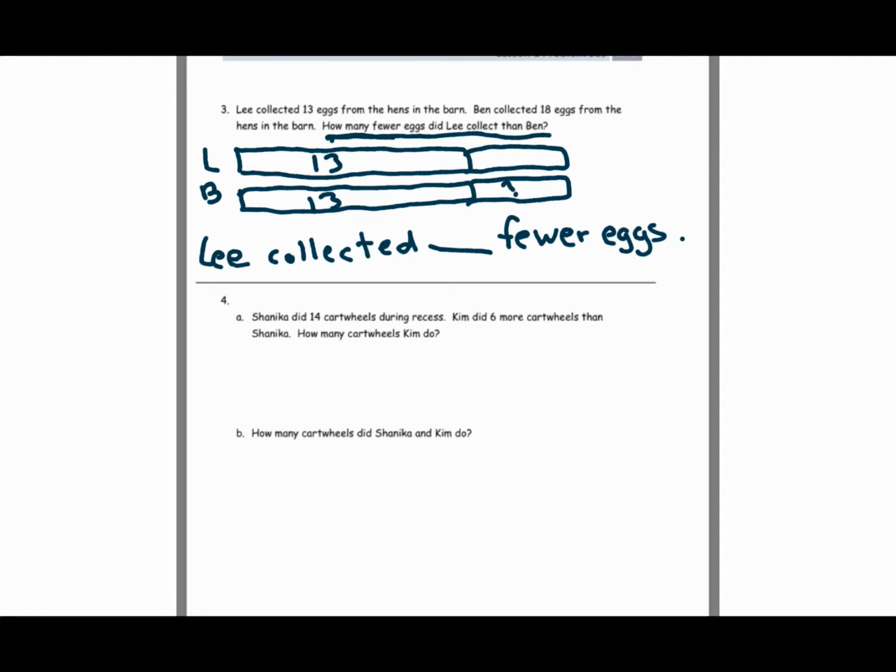Well, we could write down an addition sentence, 13 plus blank equals 18. And you can pound it or use a number line to help you. Or as a subtraction sentence, I can write down 18 minus 13 equals blank.